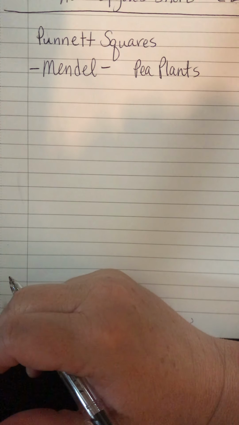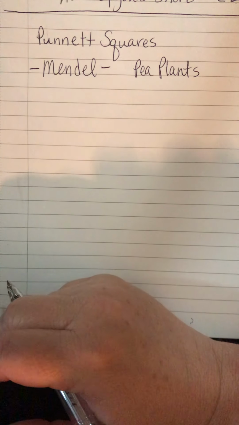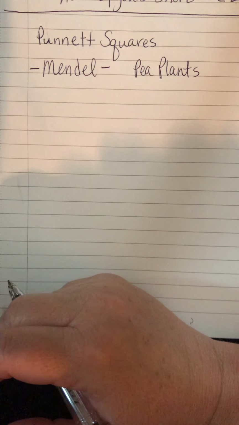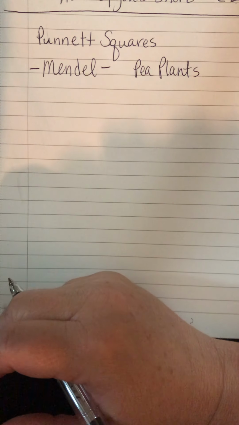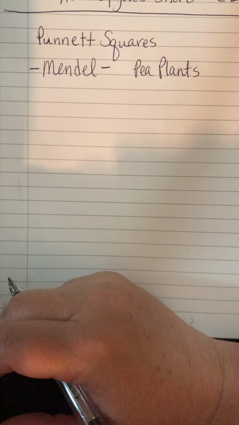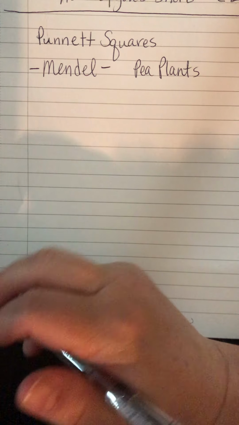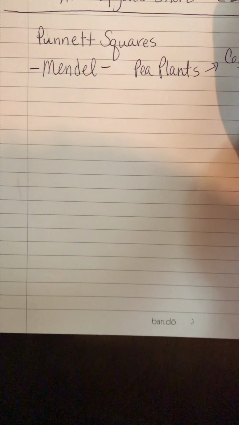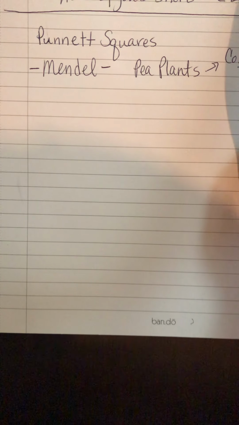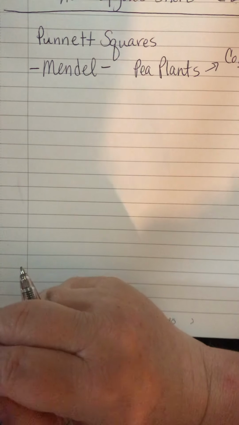Yellow is dominant. Pea plants are really interesting, and they actually turned out working really well because pea plants only have what's called complete dominance. One trait completely dominates the other, and that is what we have been talking about.